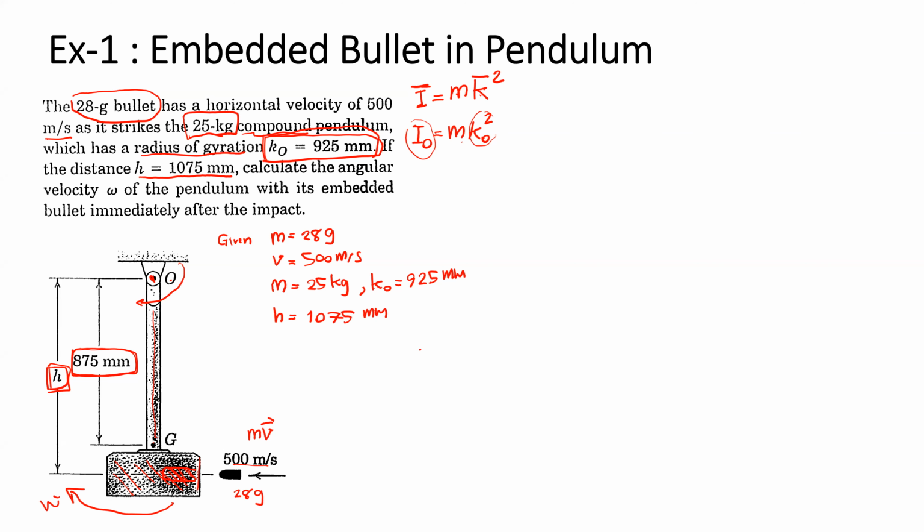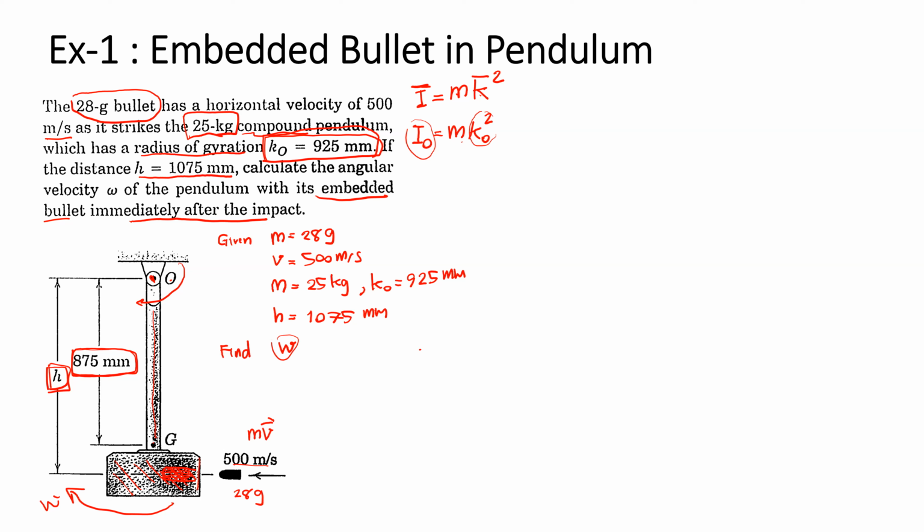What we need to find is the omega of the pendulum immediately after the impact. It means immediately after the bullet is embedded inside the pendulum, it will create the rotation of the whole system.